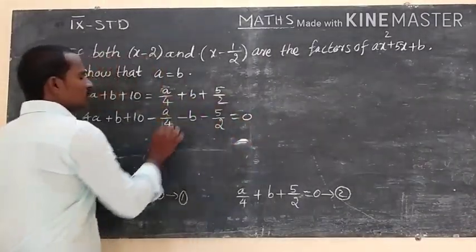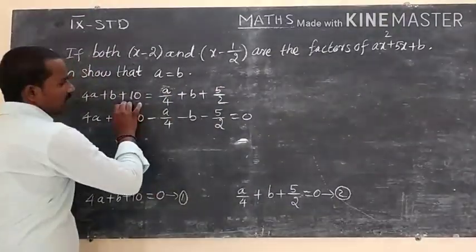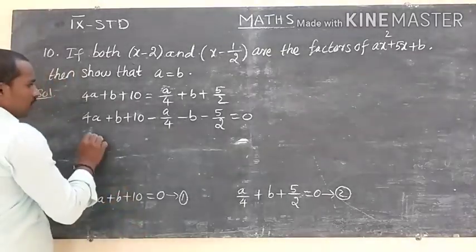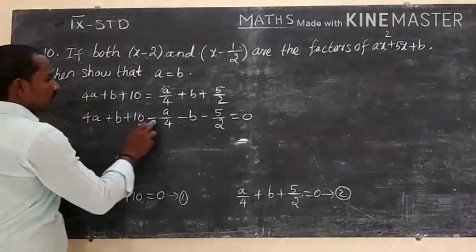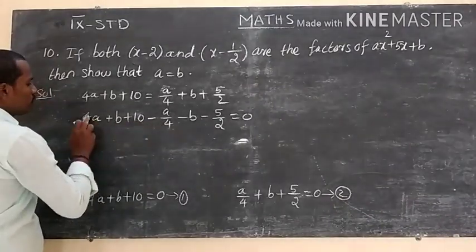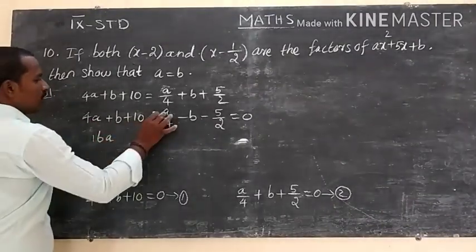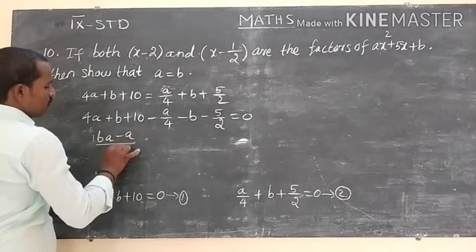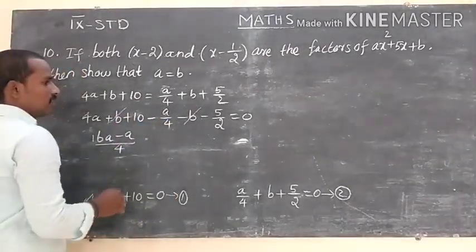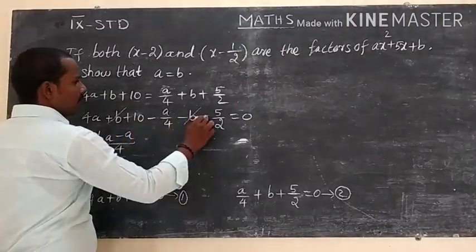All the RHS values are transferred to the LHS, so we get the opposite signs. Then comparing the like terms, 4a and minus a by 4. Using cross multiplication, 4 fours are 16, so 16a minus a divided by 4. Then b and minus b cancel. Remaining plus 10 and minus 5 by 2.